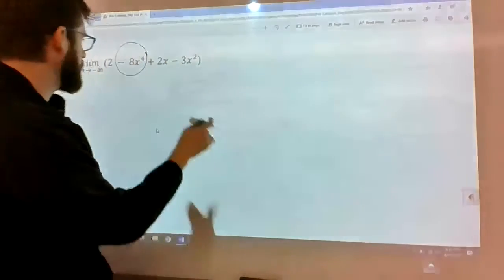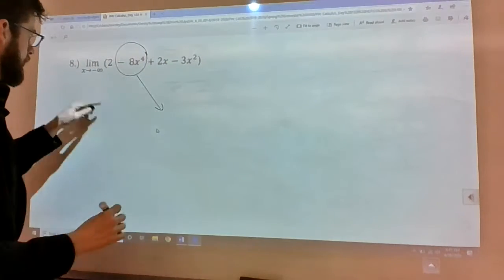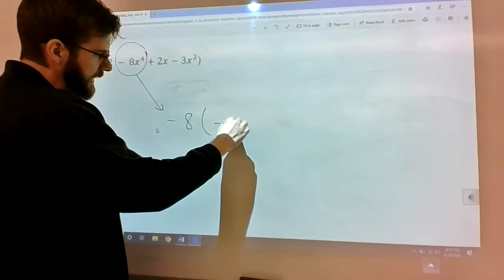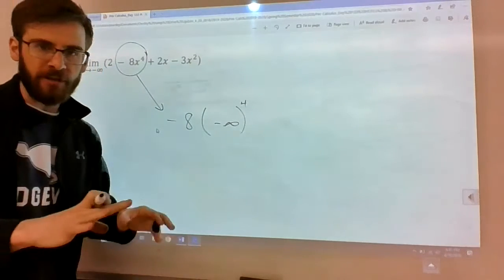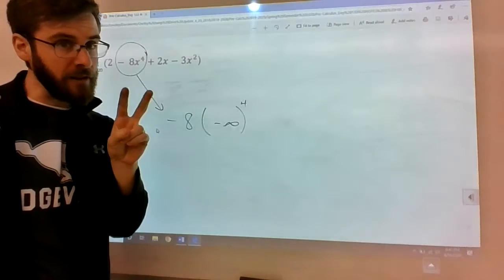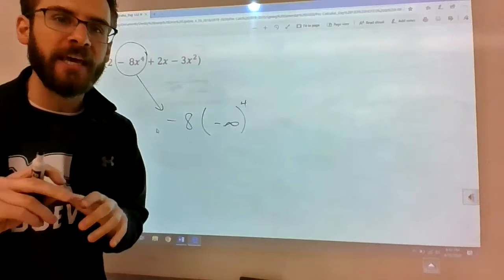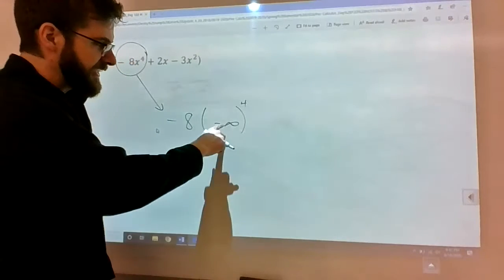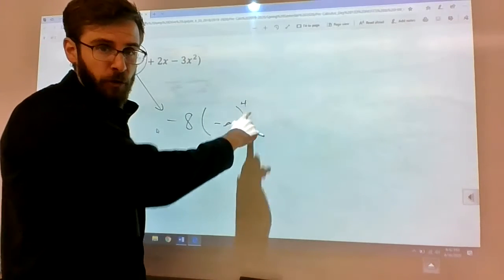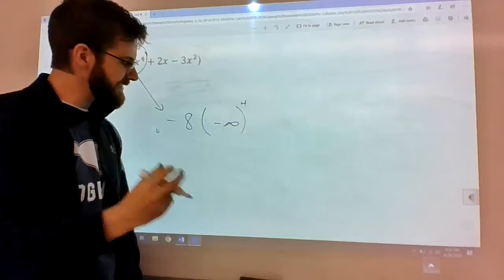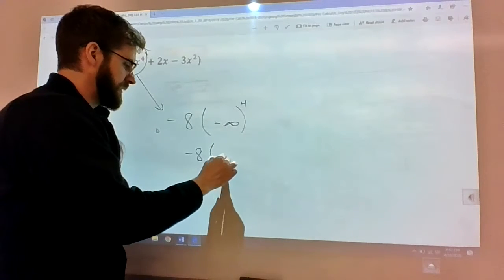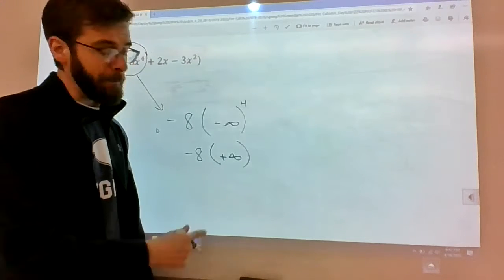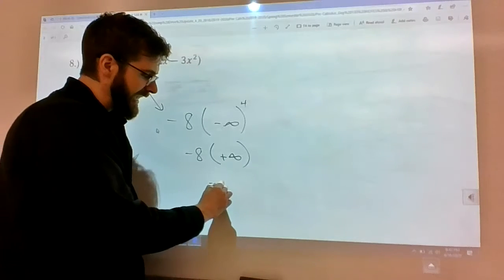The leading power tells me everything I need to know. So -8 times, and again, I'm being very liberal in my approach to this by saying, plug in negative infinity. You can't really plug in infinity. But you can say that this negative on the infinity, when taken to the 4th power, basically gets turned into a positive infinity. But that negative on the outside is going to make it negative infinity again.